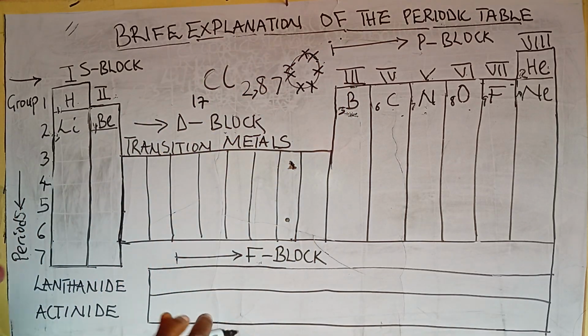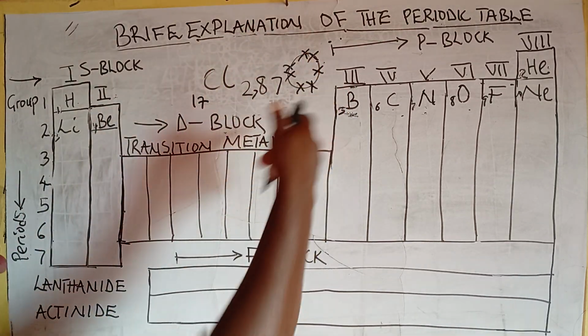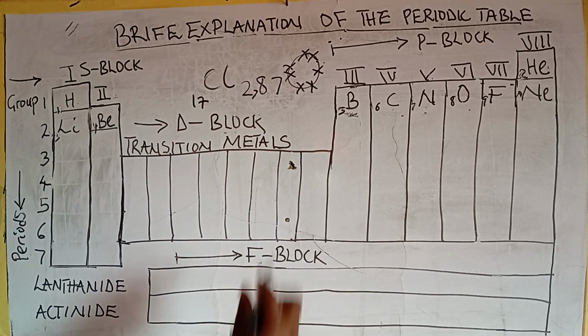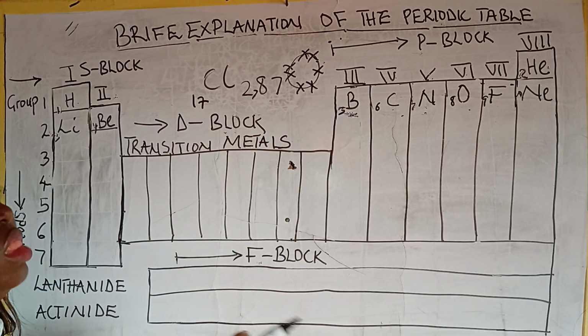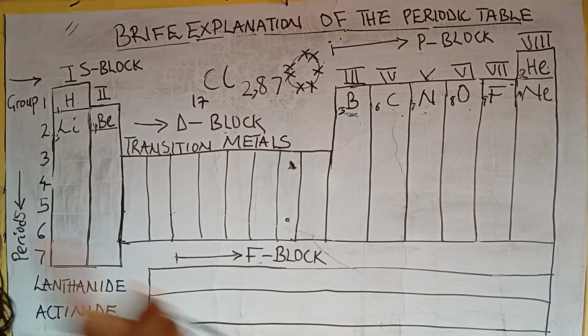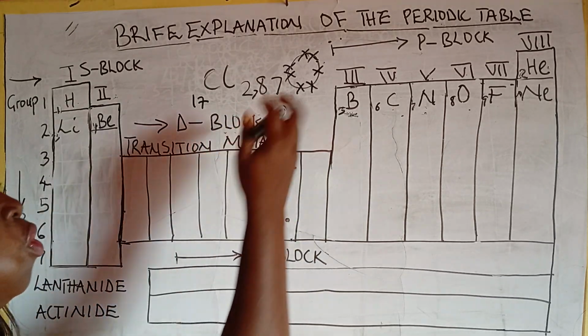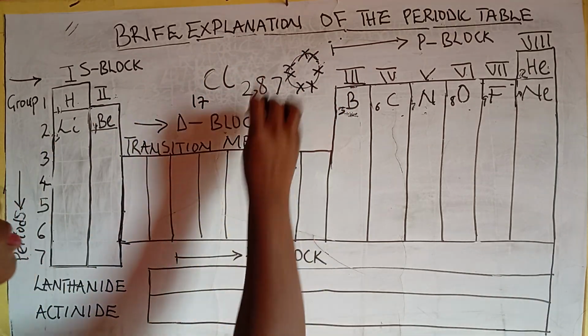It means that chlorine needs just 1 electron to reach its octet configuration. That's a state where its outermost shell has 8 electrons. Therefore, the valency of chlorine is not 7, rather it is 1, as it needs only 1 electron to reach the octet configuration.